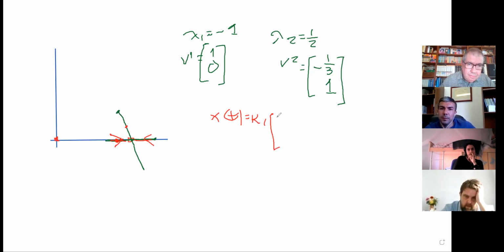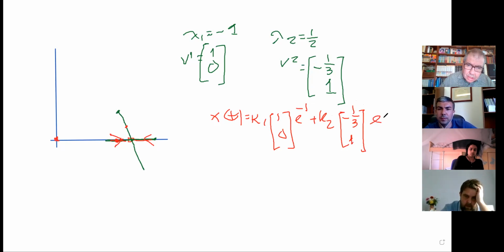Then xt is a constant, and then we have 1, 0 exponential of -t plus k2 times -1/3, 1 exponential of t divided by 2.